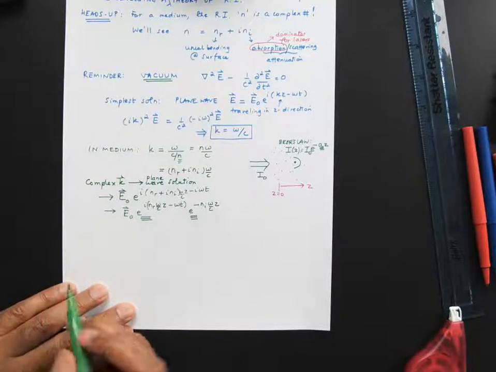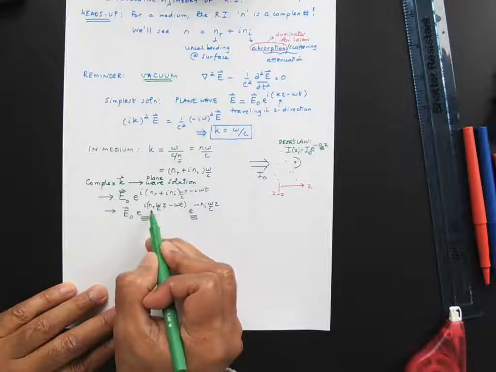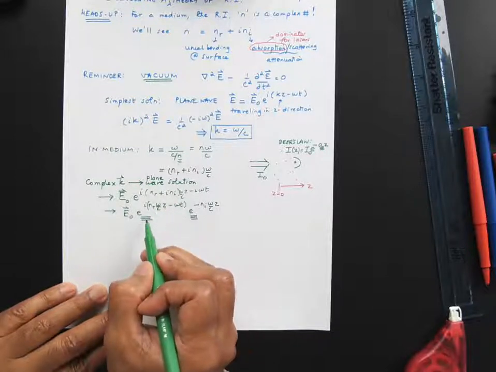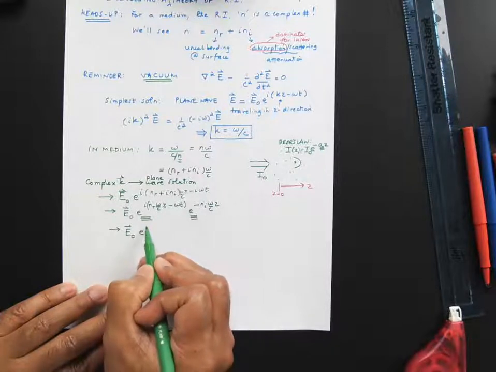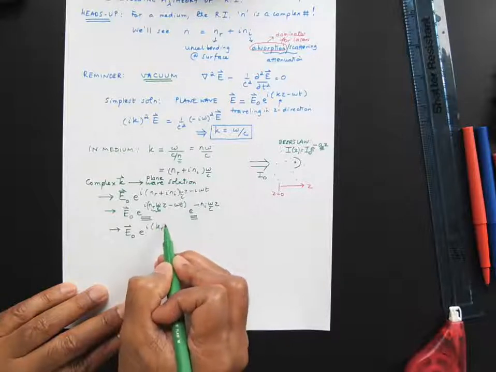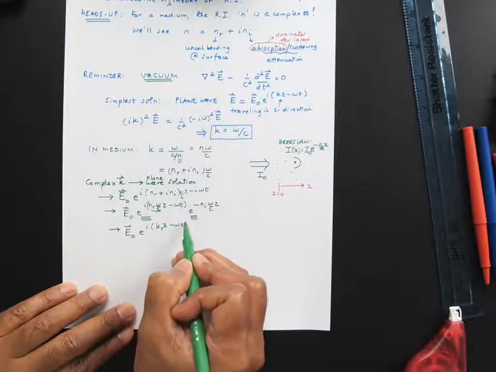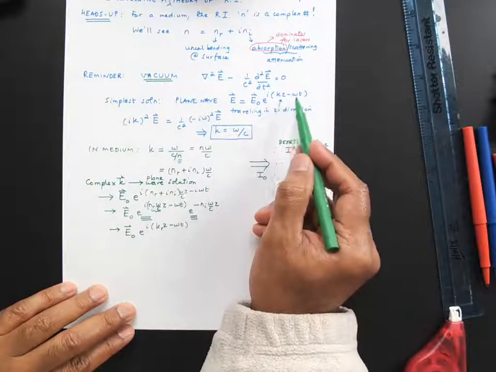So basically, this is the real part of the k vector and z. So this looks like e to the i, and if I write this as k sub r z minus omega t, that just looks like a propagating wave here.